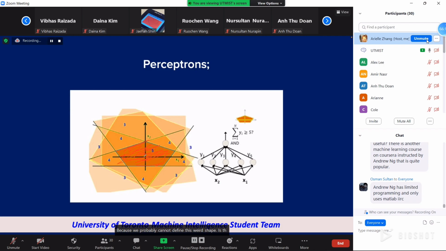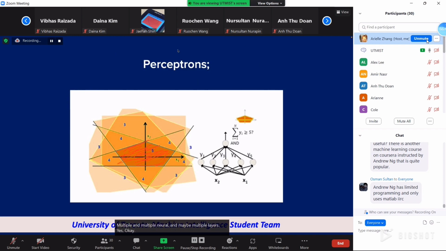Is this a hexagon? It's a pentagon, right? So we can't really form a pentagon using one line. That's why we need multiple linear decision boundaries and add them together. This is where you see the adding process, and we put it there and bound it. And that's why you need multiple neurons and maybe multiple layers. Yes.